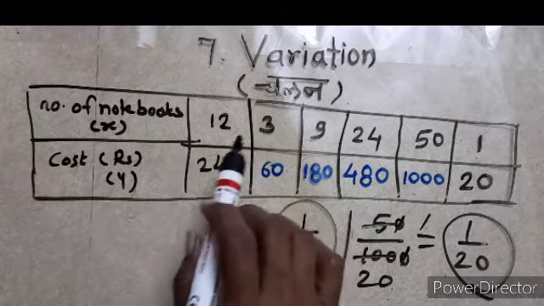So it becomes m is equal to 22n, and this is the equation of direct variation. By using this equation, we have to find out the value of m.